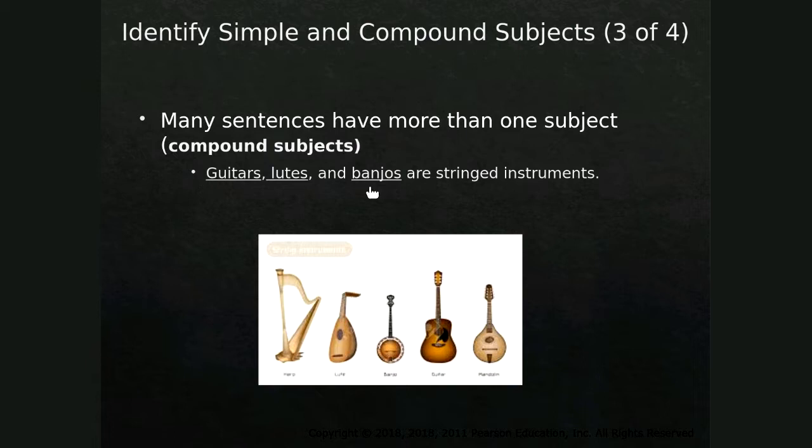Notice the verb is conjugated correctly. It is "are." Why do we use "are"? Because we have 3. We cannot put "is." We need to use the correct verb to show the tense and to connect with the 3 subjects.